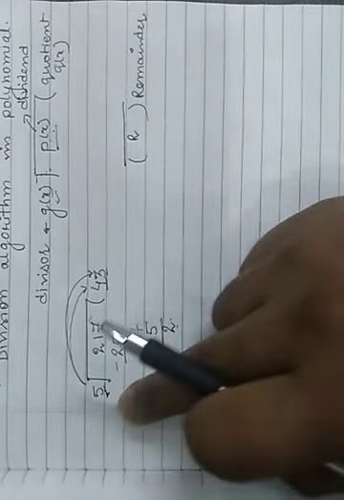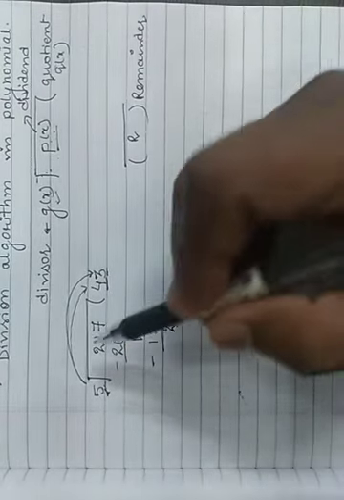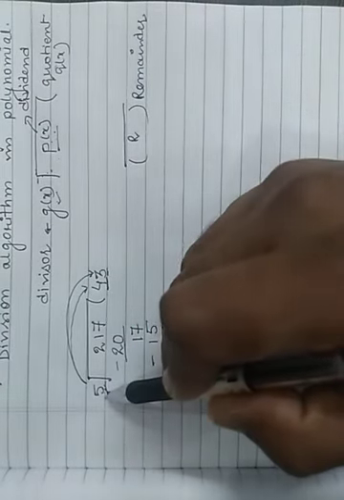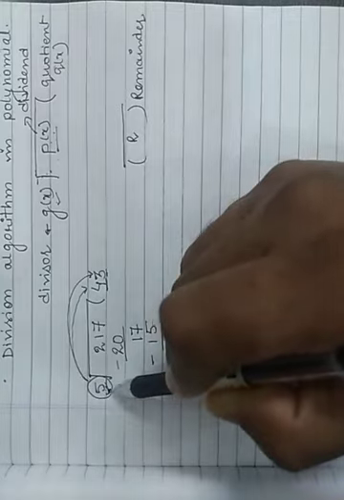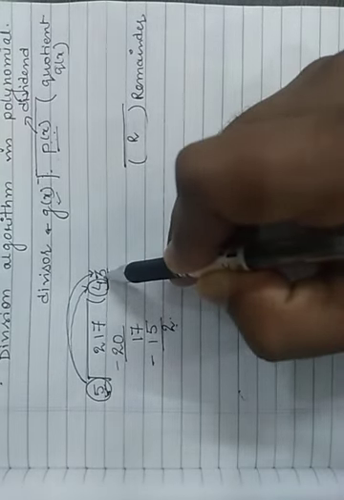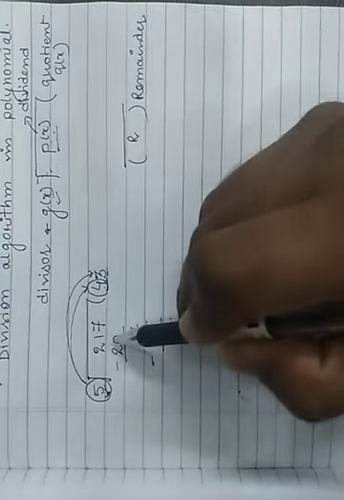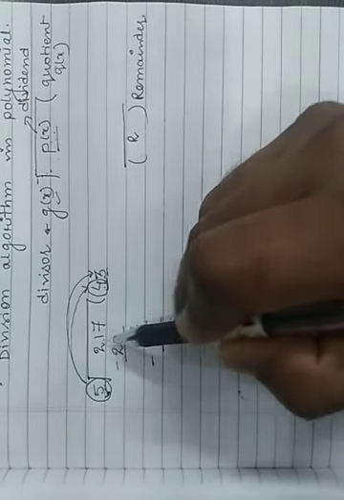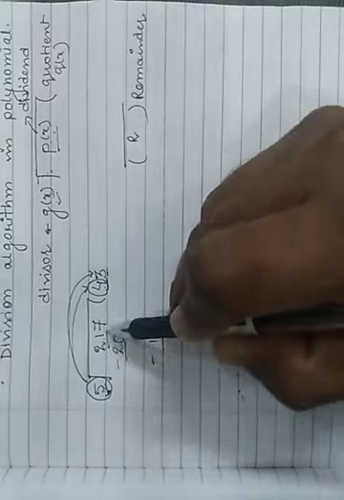What you have to remember is that every time you have to multiply the divisor with the quotient term, and whatever you obtain after multiplication, you have to subtract from the dividend.